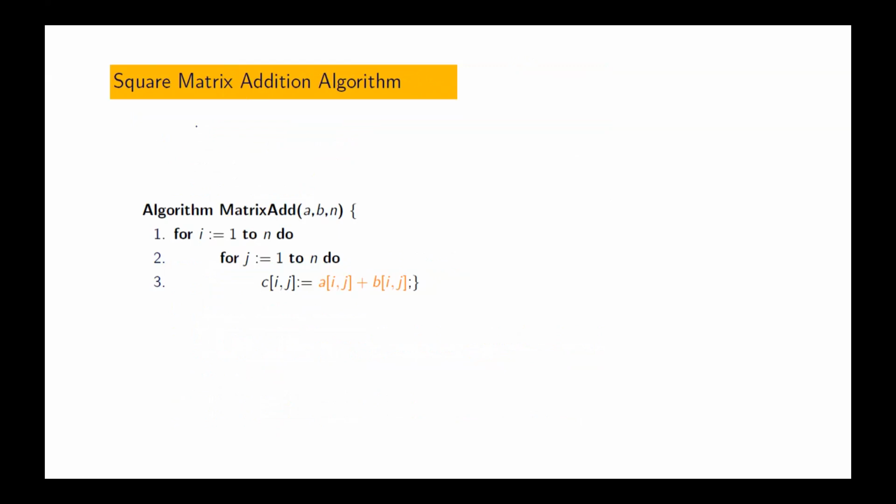If we are given two matrices, A, which is n by n, and B, which is also an n by n matrix, it finds the matrix C equal to A plus B.